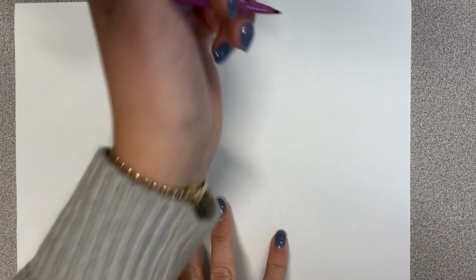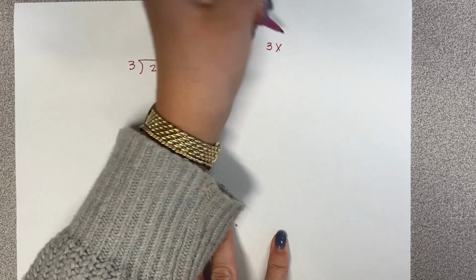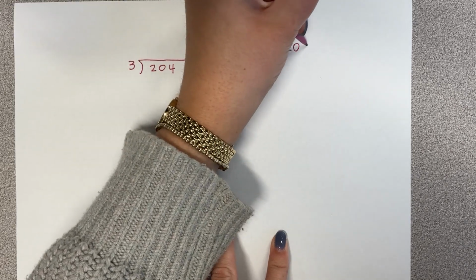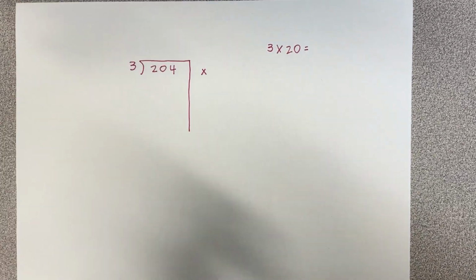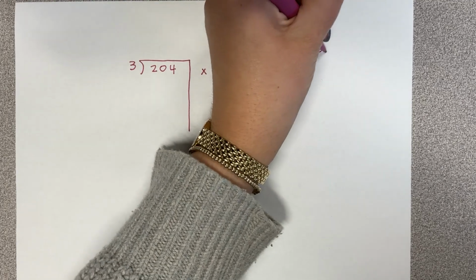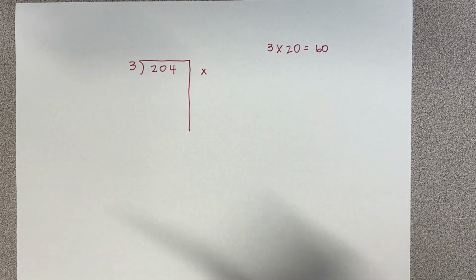So I'm going to look for something in the middle. I'm going to start counting by tens. If I do 3 times 20, I would get 60. That's still quite far from my 204.